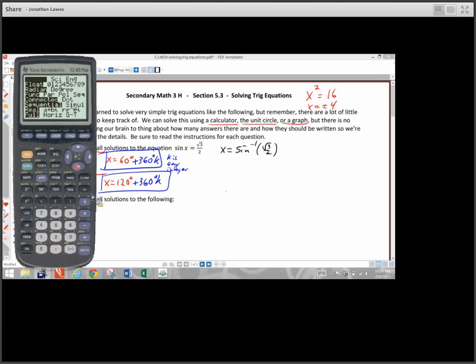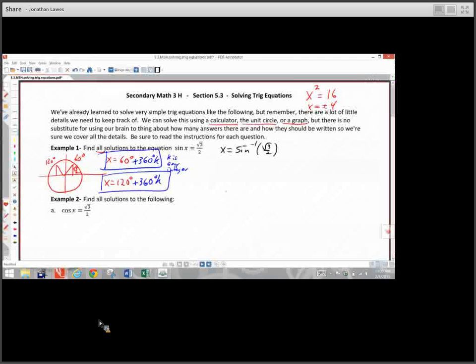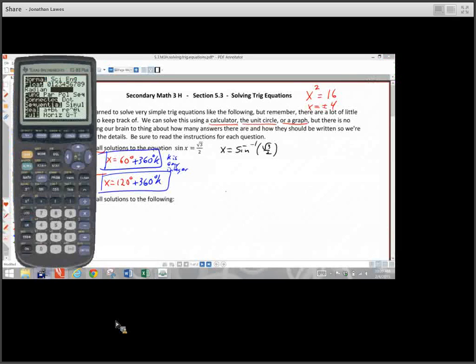So let's see, I gotta get in degree mode. And we're going to do sine inverse of radical 3 divided by 2.